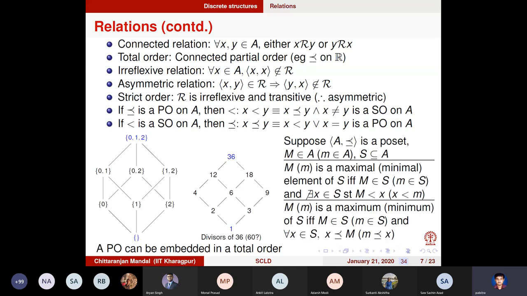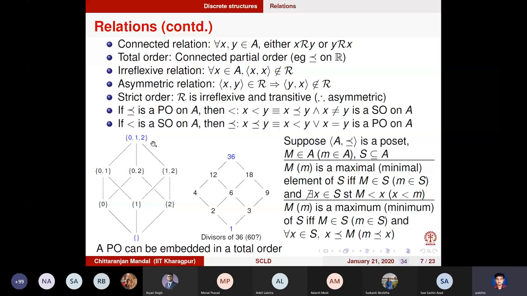Okay, so here is an example. I think here also you can easily convert one to the other. Let's take this example. So these are some Hasse diagrams. Let me explain what these Hasse diagrams are, and using these examples, I'll introduce two more concepts. Let's take a set, a 3-element set 0, 1, 2.